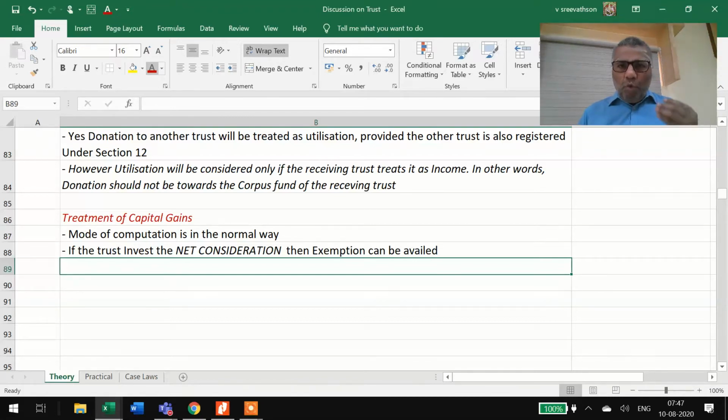What you need to invest is not capital gains. Section 54 and all is not applicable here.